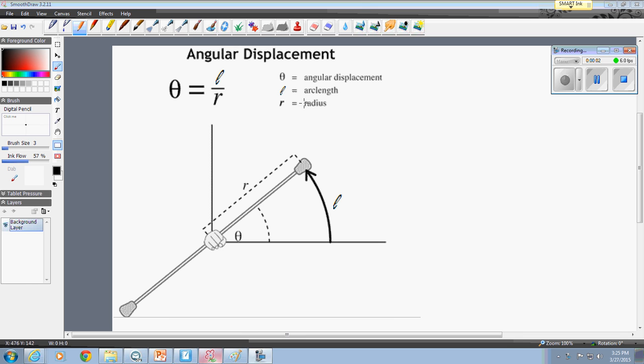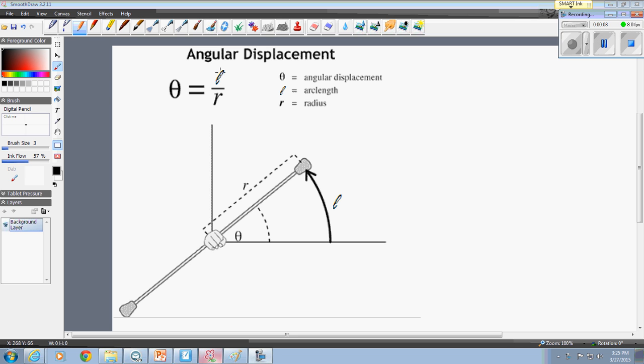We're going to relate our angular properties to our translational properties. If we have here, angular displacement is going to be equal to the arc length around the axis of rotation divided by the radius.